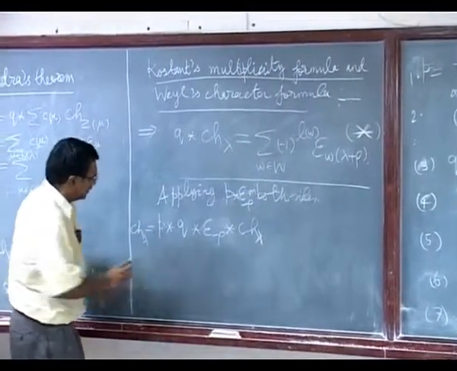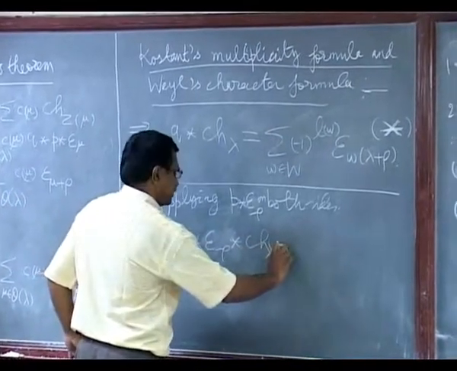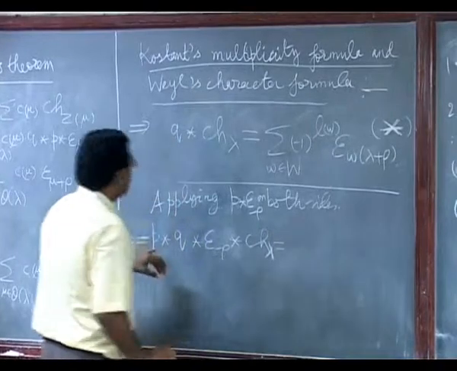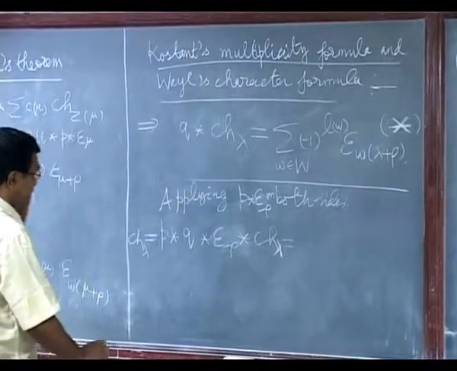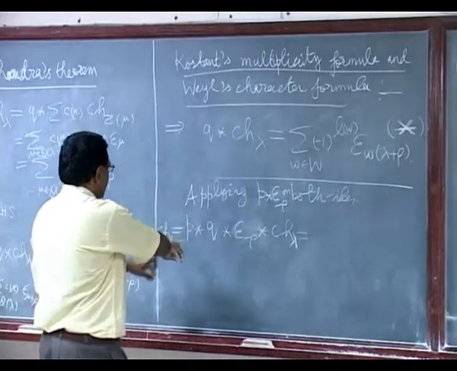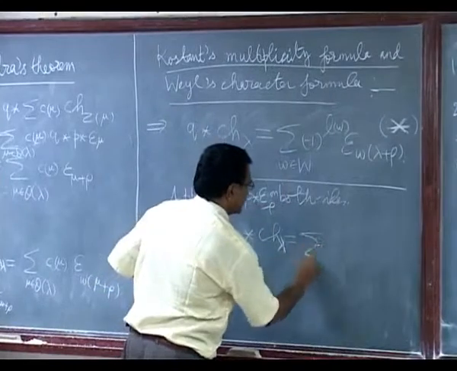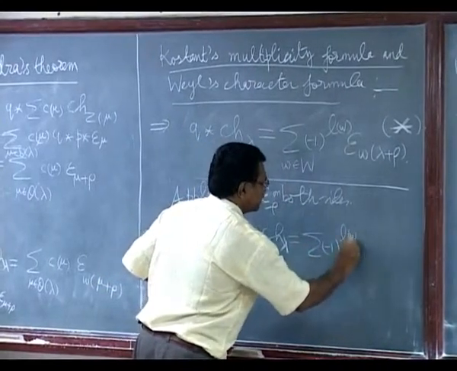So, what we are applying is only P and this thing. So, this side you get minus 1 to the power length W.